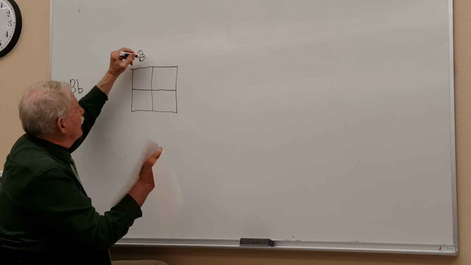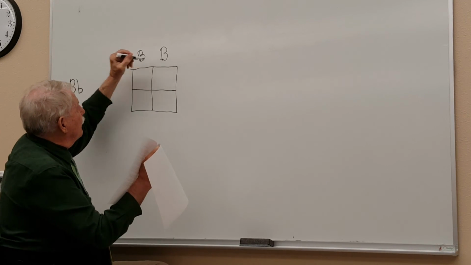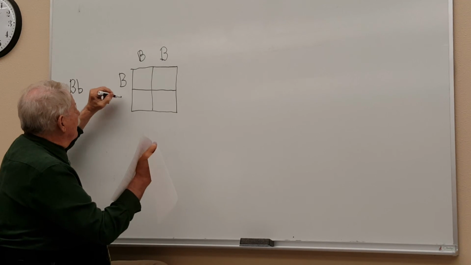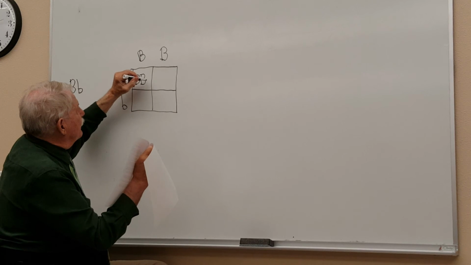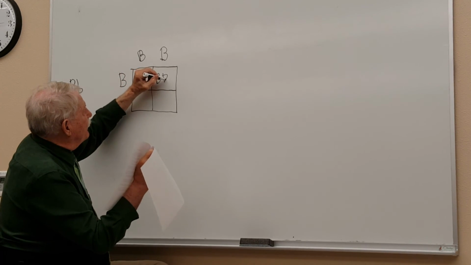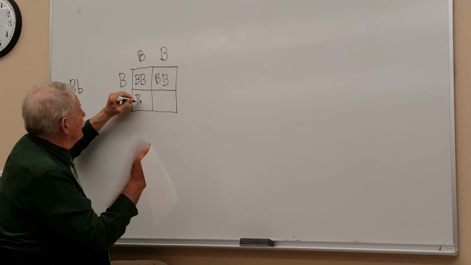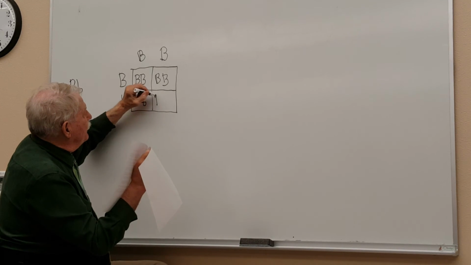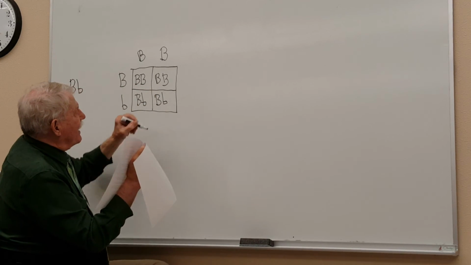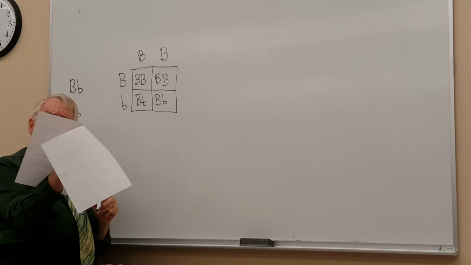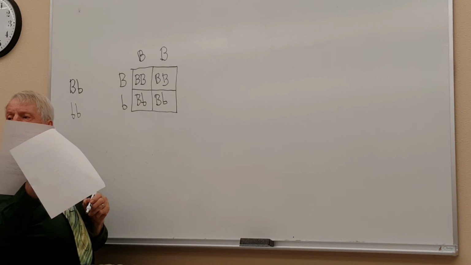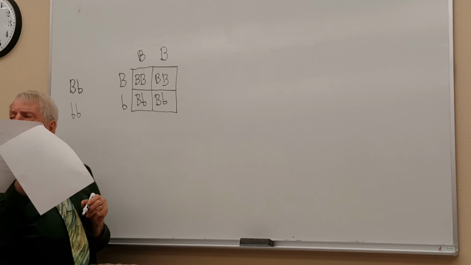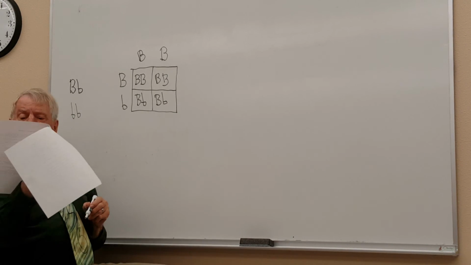So we have, so that one's gonna be B, B, B, B, B, B, B. So 50% black and 50% blue, okay, but no whites. Get it? Got it?